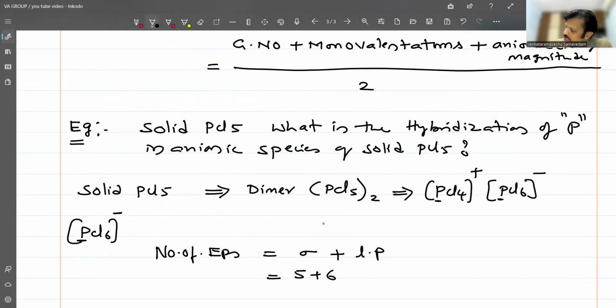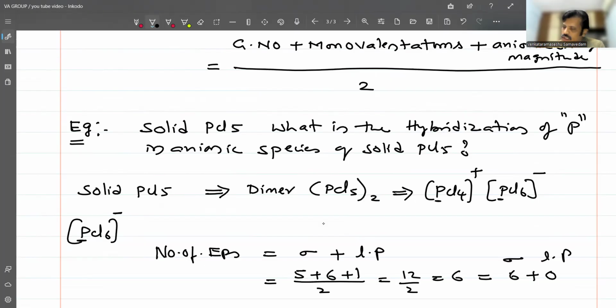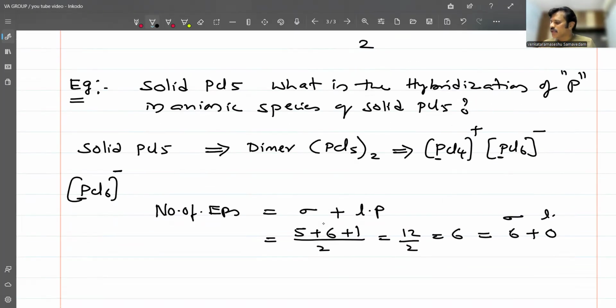Monovalent atoms are 6. Anionic charge magnitude is 1. So 12 divided by 2 is equal to 6. Therefore, the surrounding atoms are 6, lone pairs 0. Therefore, 6 sigma bonds are present, 0 lone pairs, so the phosphorus undergoes sp3d2 hybridization.